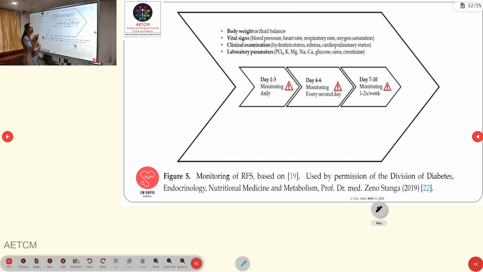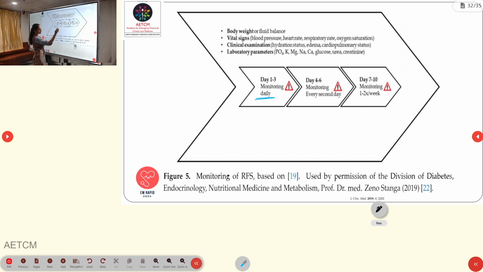So even though we are starting a low feed, and even though we are giving multiple vitamins and electrolytes along with the feed, we still have to monitor the patient. This patient will require daily monitoring of the electrolytes for the first 3 days, especially the phosphorus, magnesium, potassium and also sodium.